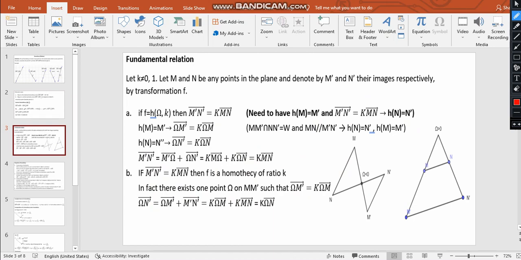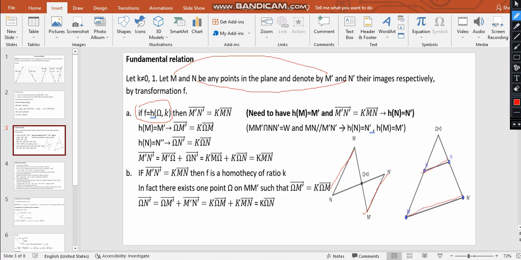Now, suppose we have a transformation sending point M to point M prime and N to point N prime, and suppose this transformation is nothing else than a homothety. We want to show that M prime N prime and MN have the same ratio. Why?